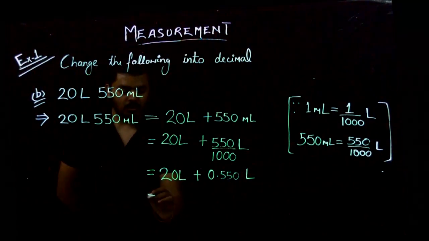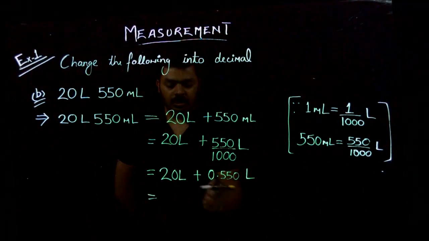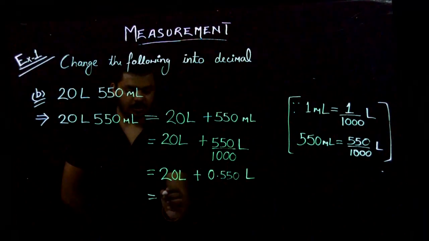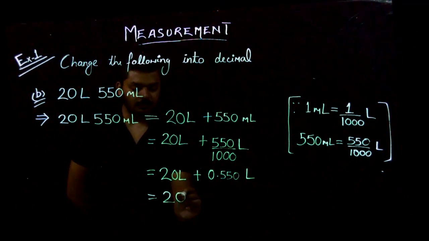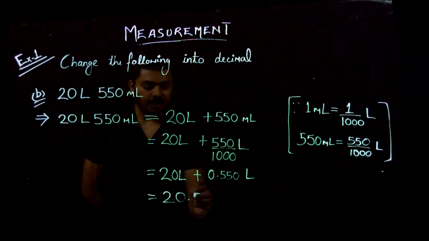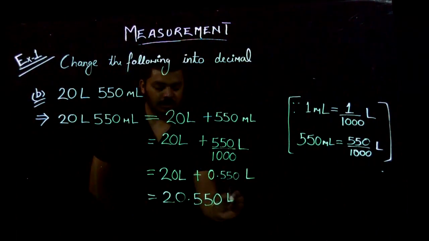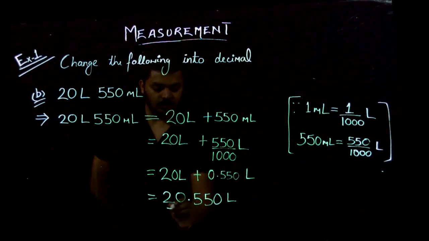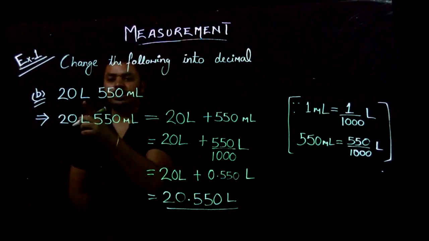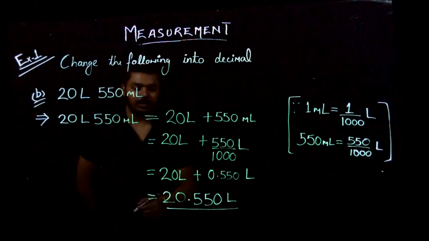Now since both are in liters, add both of them, it becomes 20.550 liter. So this is the decimal form for 20 liter and 550 milliliters.